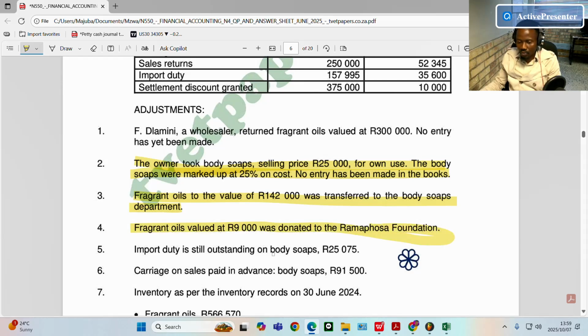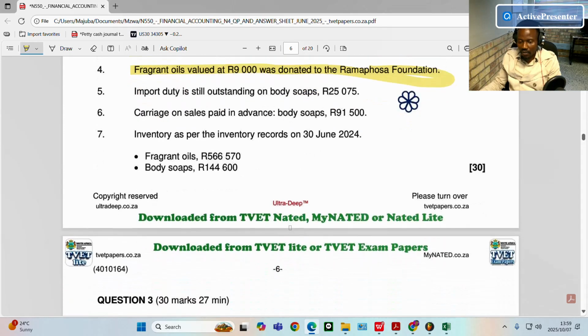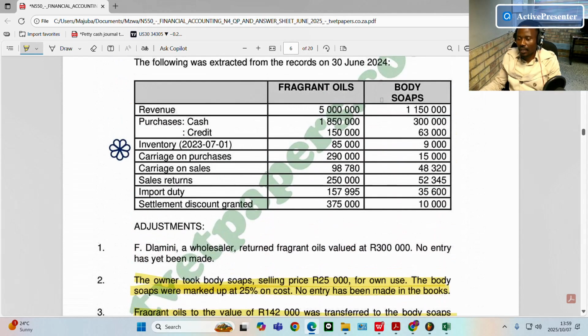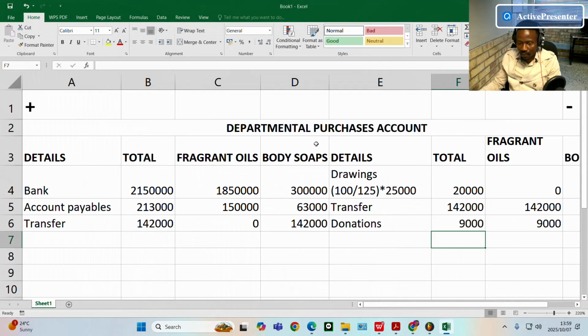Okay, import duty. There's nothing here. Well, this actually belongs to the trading statement. Carriage on purchases also belongs to the trading statement. Inventory as per inventory records is closing inventory. So I think the purchases account is done.